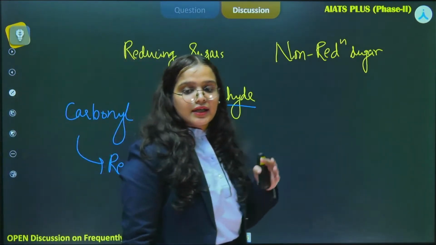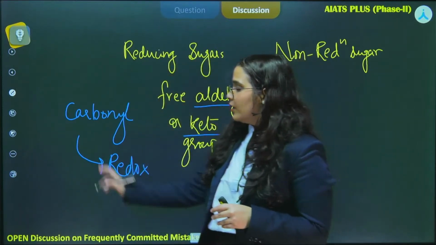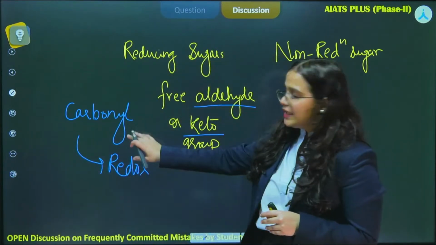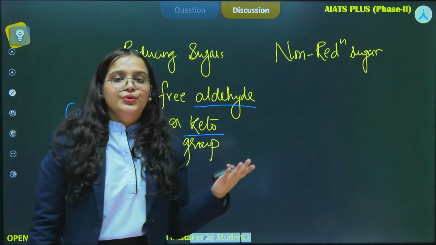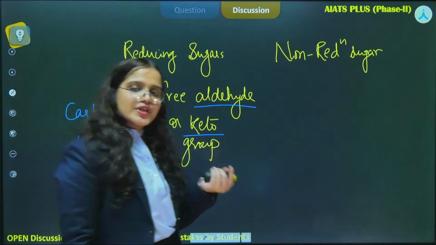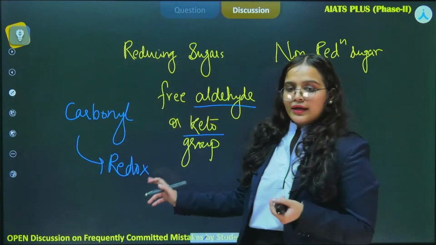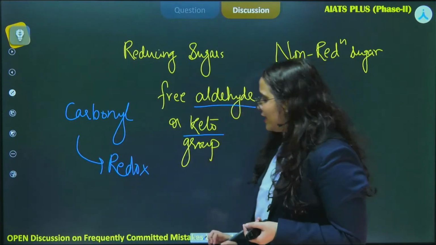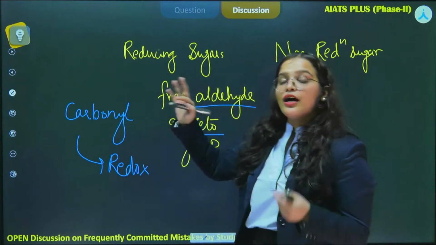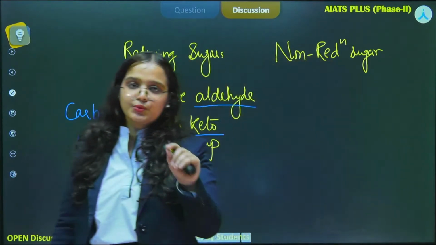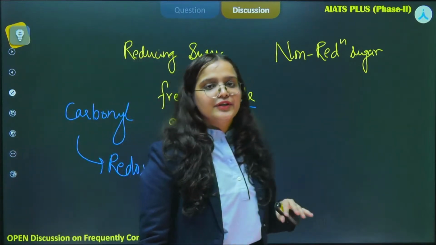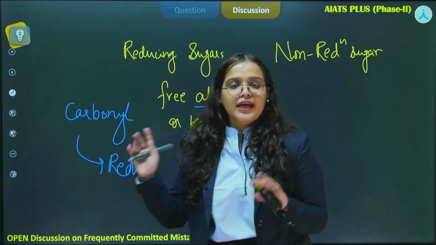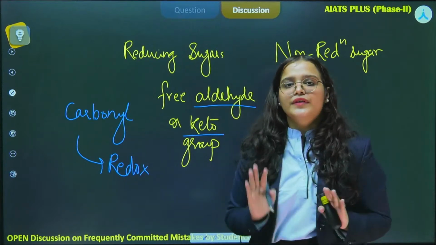It means that carbonyl will be able to lose an electron or gain an electron, all right. So basically, for a sugar to be called a reducing sugar, this carbonyl group or free aldehyde or ketone group should be present in the structure of that sugar.